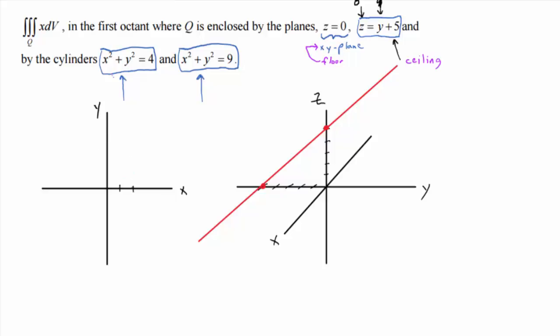I'm going to try and freehand it. Don't laugh too much. So that's x squared plus y squared equals 4. And then x squared plus y squared equals 9 is a circle of radius 3, right? So I'll try and freehand that as well.